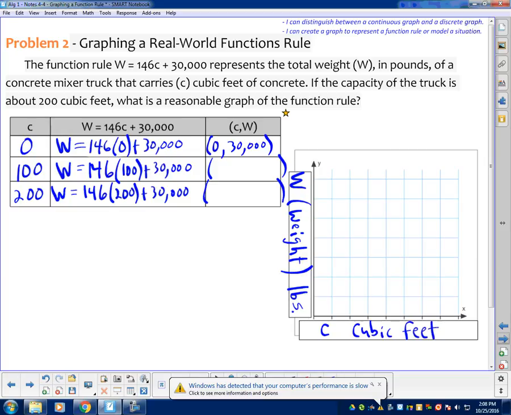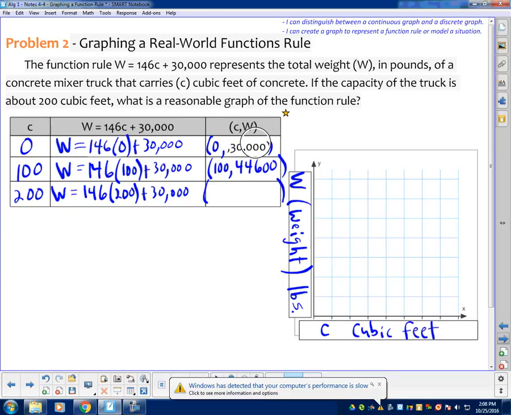So this is 100, comma 14,600. Add that to 30,000. So it's 44,600. Might be confusing that maybe we should take out the comma and the one above it, huh?